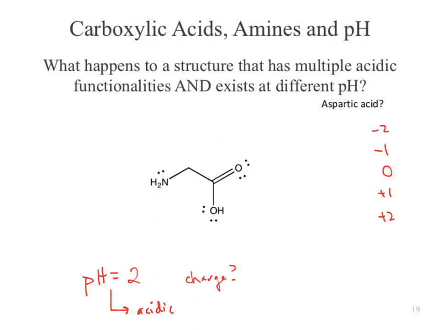I should protonate it. Because it acts as a base in an acidic environment, I should add a hydrogen. Which means what happens to the lone pair? It goes away, and I put a hydrogen on it. What charge would the nitrogen now become? Positive. What happened to the carboxylic acid?